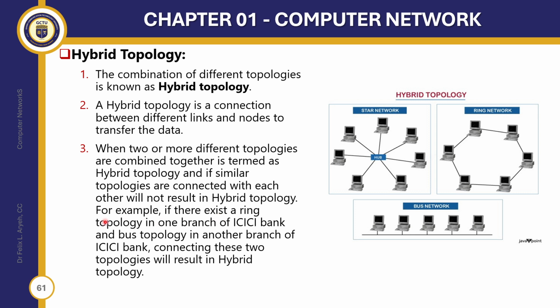So for example, if there is a ring topology in one branch of a bank, and a bus topology in another branch, maybe Fidelity, let me use our main bank, GCB.